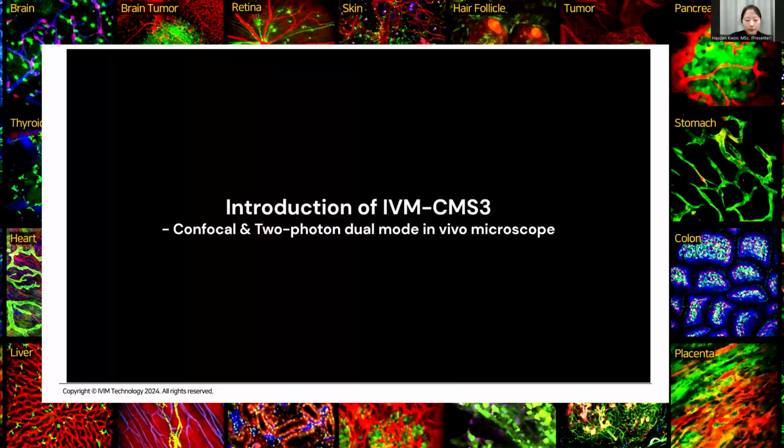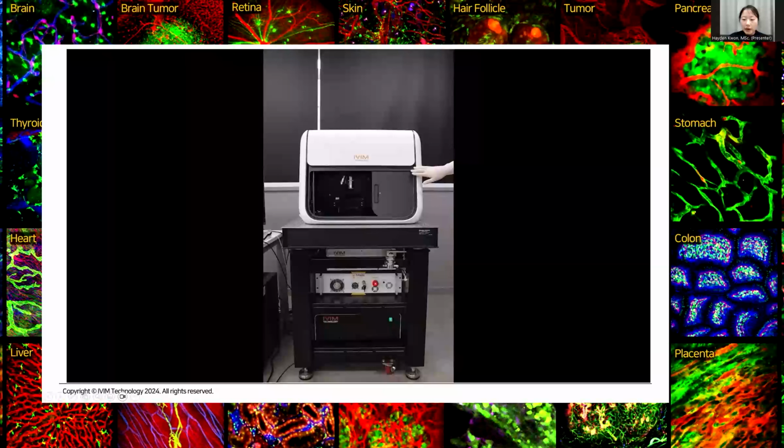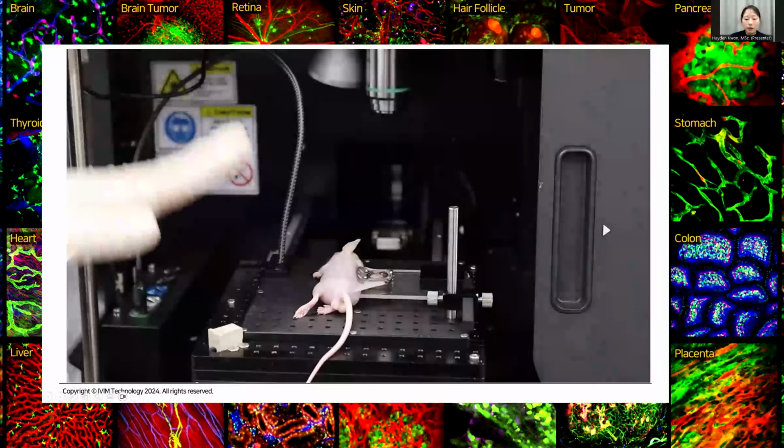Okay, so let me start off with an introduction of the IVM CMS3. As you can see, the main body features a compact design compared to other devices. Below it, we have the confocal two-photon laser controller and main power supply.